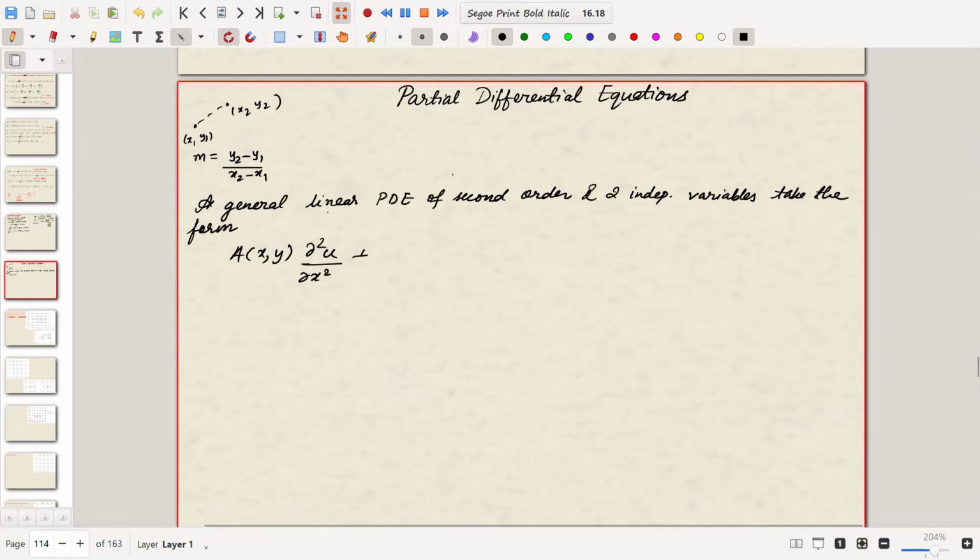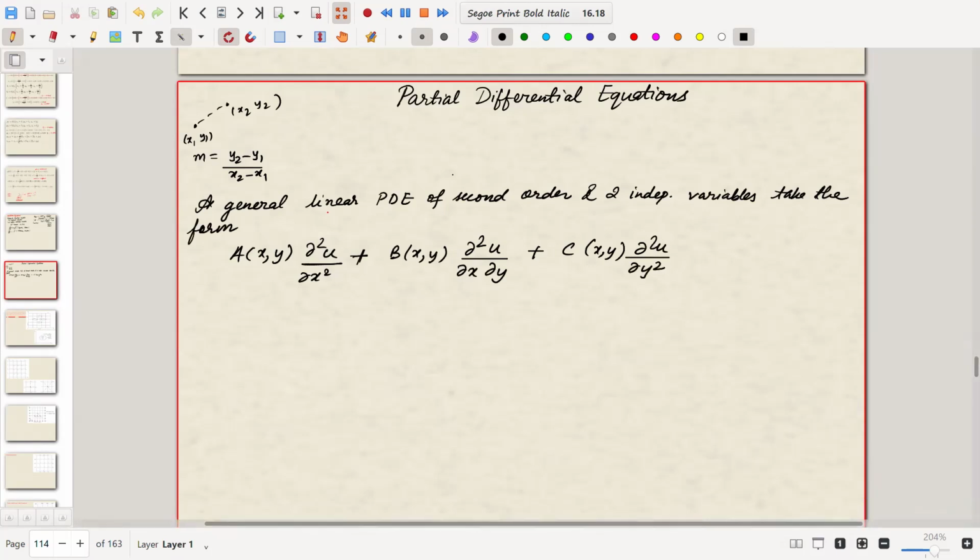This is the second partial derivative, like ∂²u/∂x², and A(x,y) is a general function being multiplied. Then you have B(x,y), where you have mixed partial derivatives, like ∂²u/∂x∂y, plus C(x,y) ∂²u/∂y². This is with respect to the second variable y.